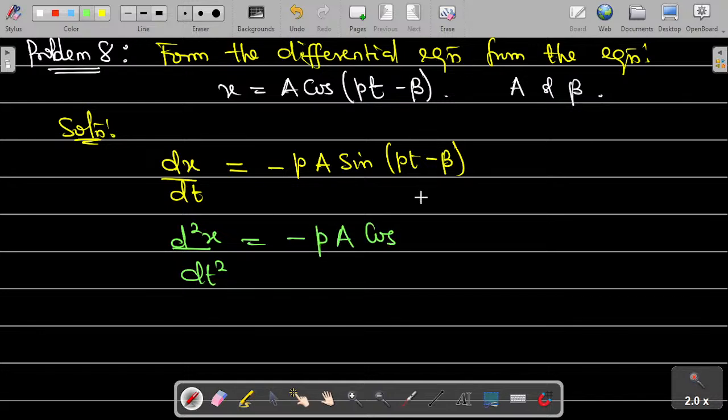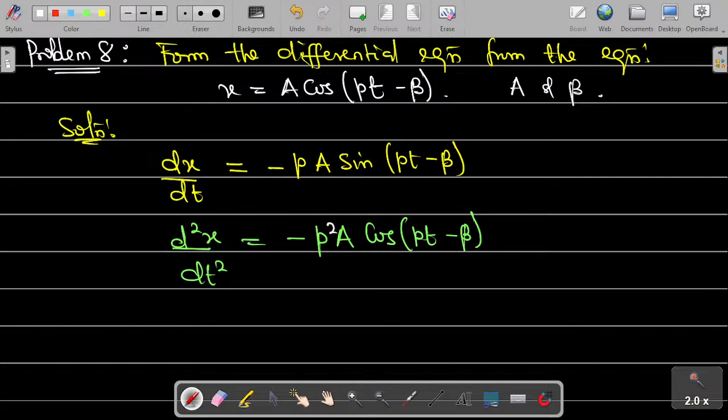Then cosine, you bring down this the way it is, which is pt minus beta. Then you multiply by the derivative of this, and the derivative of this we said is p, so this p is going to carry a square. All right, and that's exactly what they have here, minus p squared a cos pt minus beta.